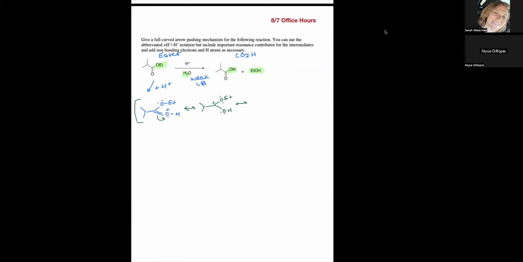And then we have these going here so that we have OEt and OH, right? So these are all of our resonance contributors, okay? So what'll happen is water comes on and attacks here.